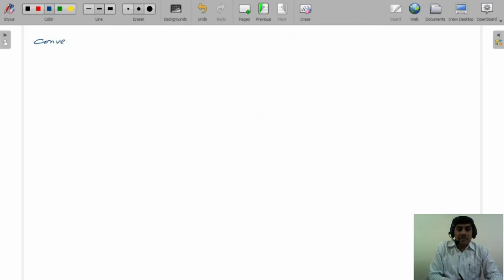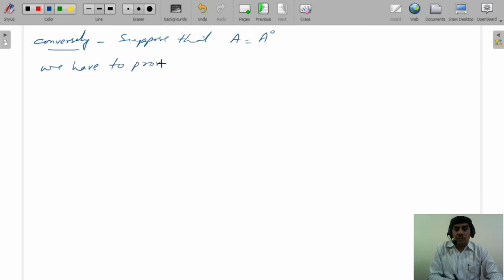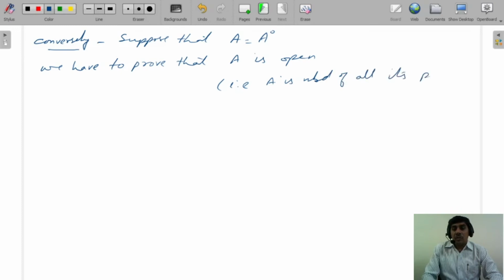Conversely, suppose that A is equal to A interior, we have to prove that A is open, that is, A is a neighborhood of all its points.